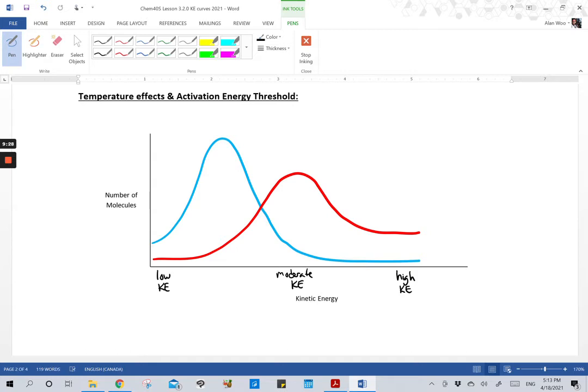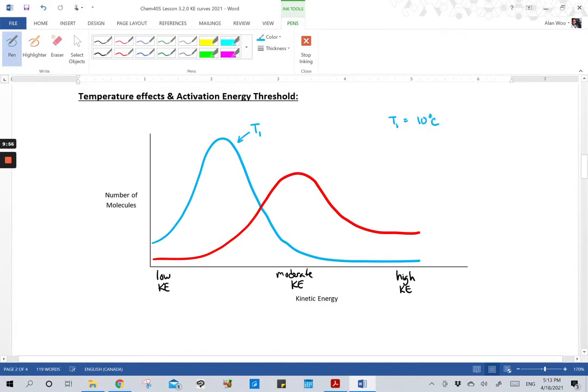Okay, so now that you have these two curves, let's look at what's going on between them. So the blue curve represents a KE curve at lower temperatures. Okay, so let's say this is T1. T1, let's say, is at 10 degrees Celsius.